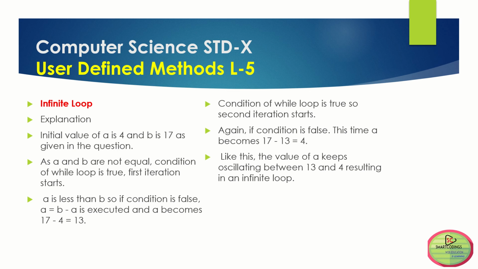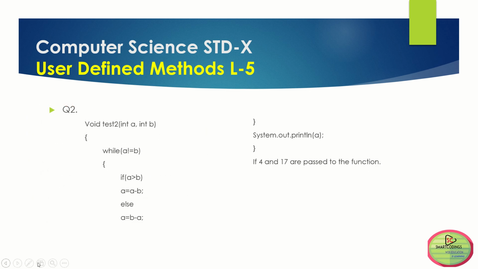So let's go to the previous slide. A is now 13 here because this was executed. Now what happens is, again this will be checked. B was 17. So again 13 not equal to 17, condition true. Again it will be checked here. 13 greater than 17, false. Again it will go to the else part.